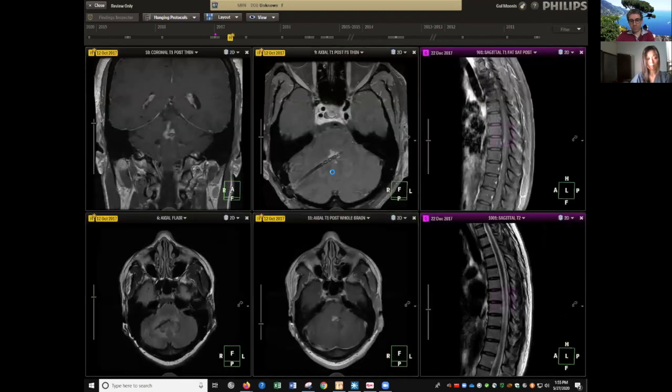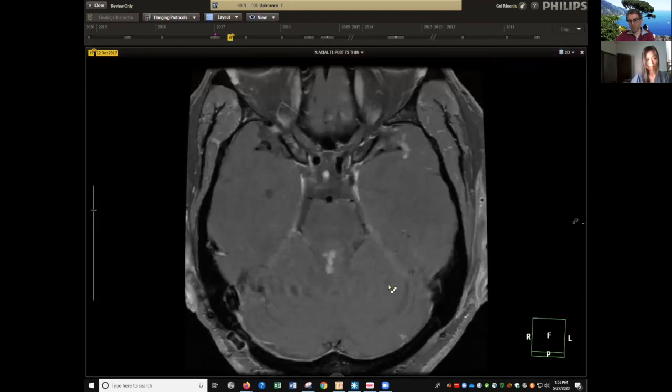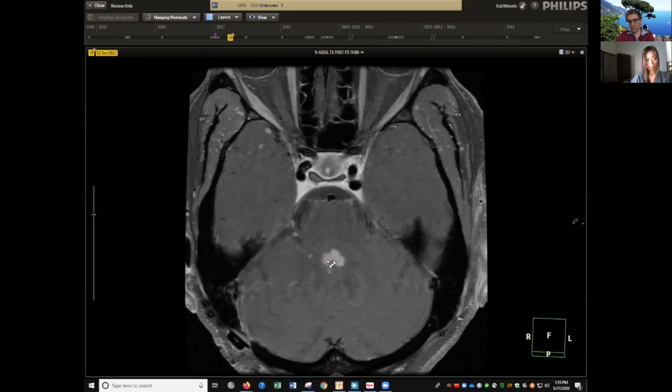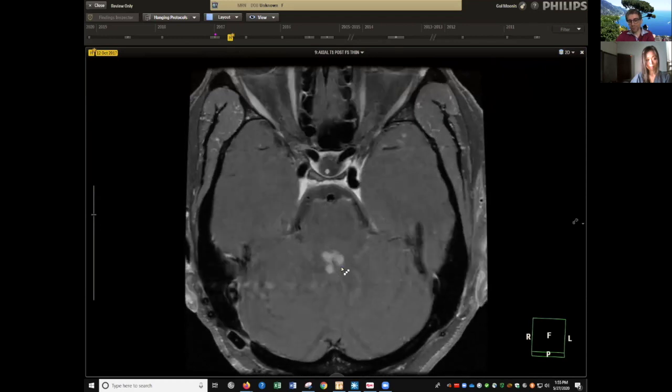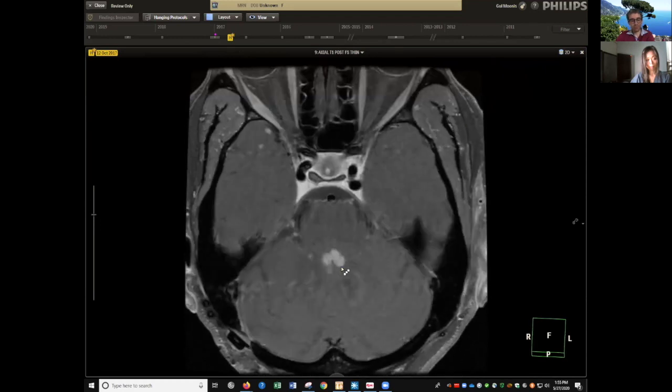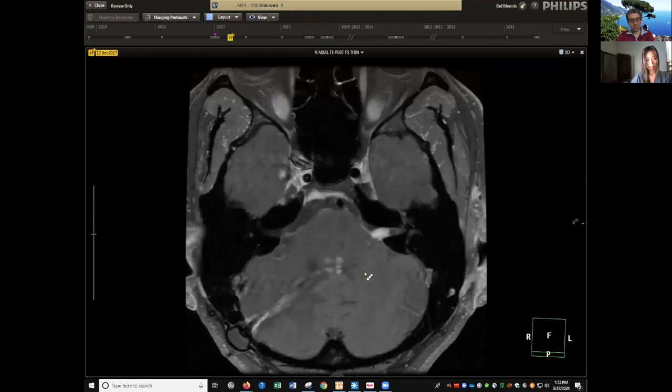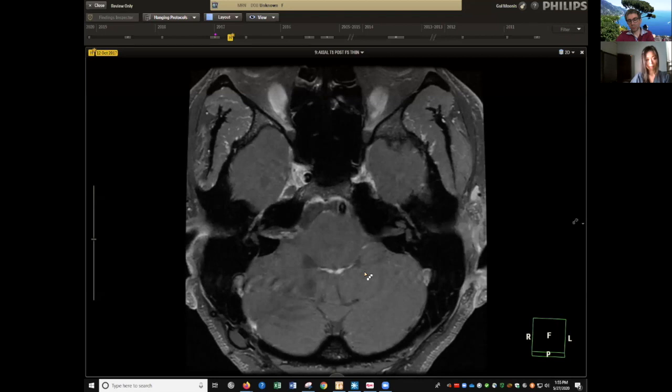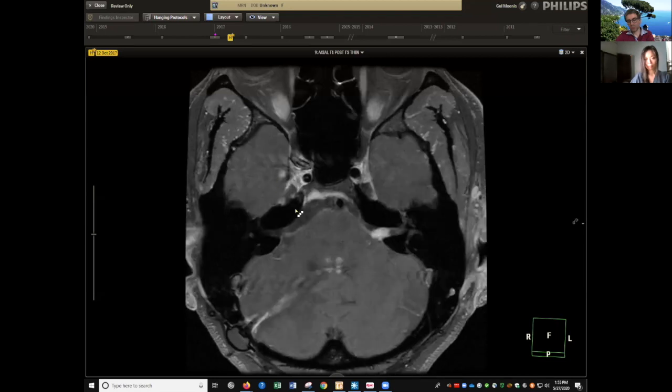These are the coronal and axial images, again noting the intraventricular nodular enhancement, as well as nodular enhancement of the IAC, left greater than right, and additional nodular enhancing foci.